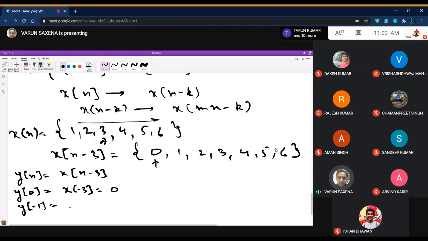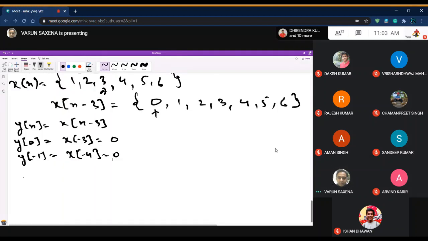This is x[minus 4], which is 0. So we don't need to go further. Let's look at what is y[1]. y[1] is x[minus 2]. What is x[minus 2]? It is 1.